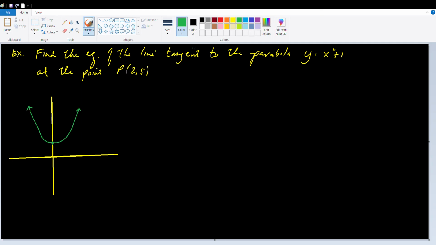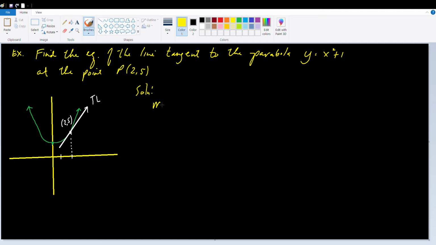And then at the point x equal to 2 and y equal to 5. So that is the point 2, 5, and we draw the tangent line there. So we want to find its equation. At first, we need to determine its slope.